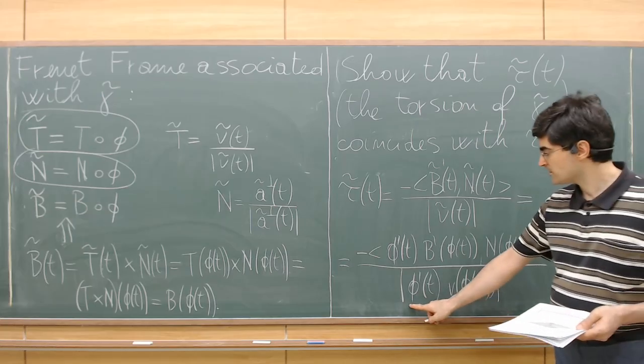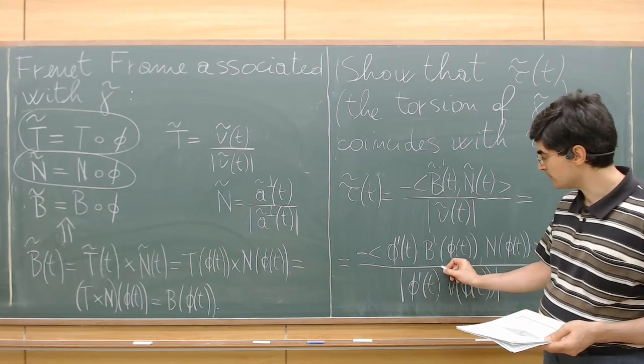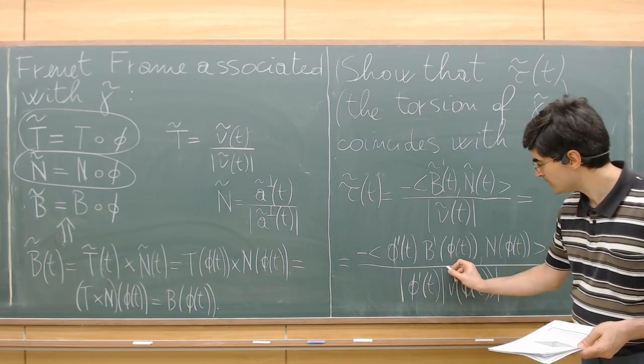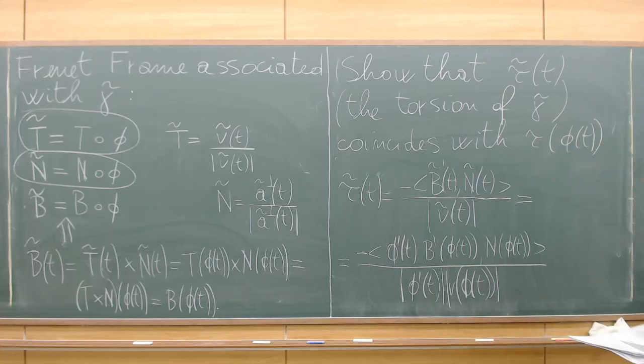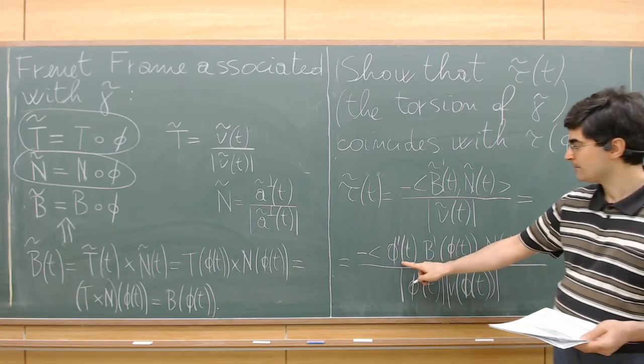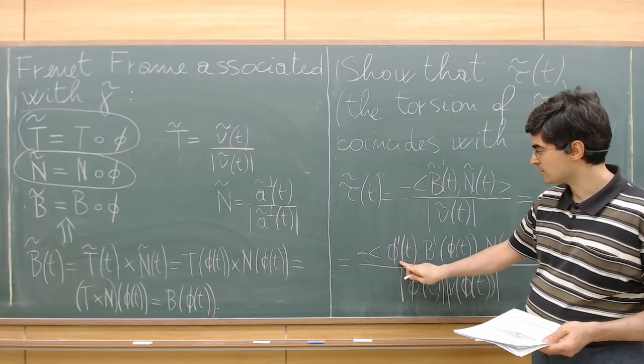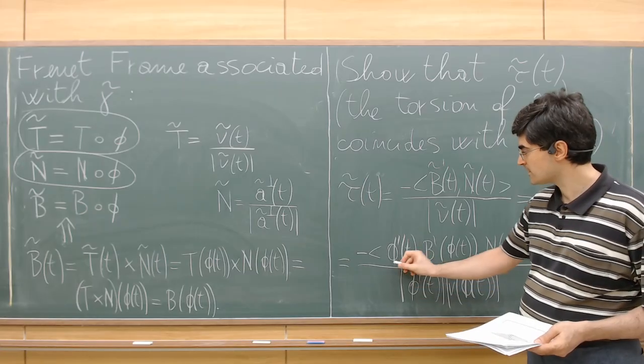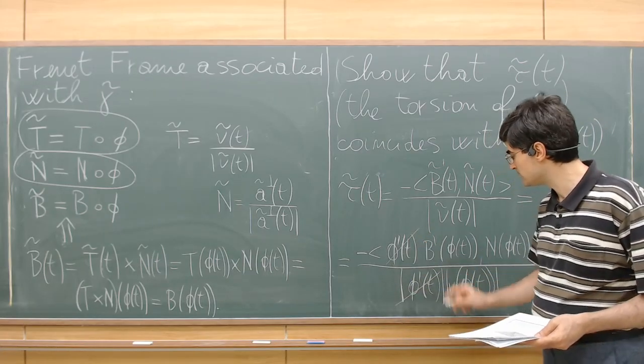But the length of this vector is the absolute value of phi prime times the length of V of phi of t. But phi prime is positive, so this factor and this factor coincide and they cancel out.